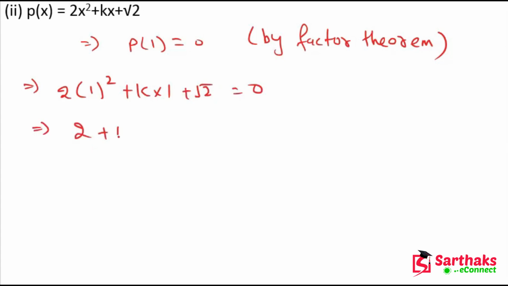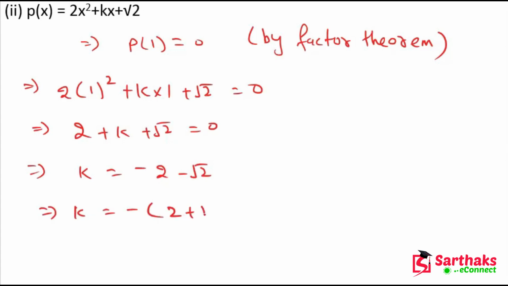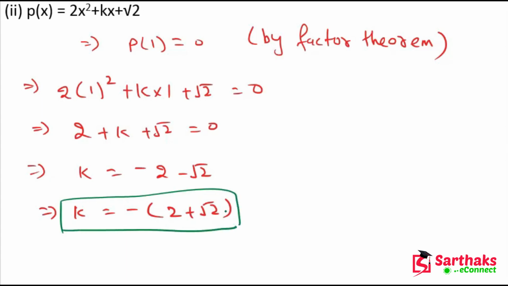So we get 2 plus k plus root 2 equals 0. Now we are shifting the constant terms to the RHS. So we get minus 2 minus root 2. Now take the minus as common. So we get k equals minus of 2 plus root 2. So this is our required answer. I hope you understand these things.